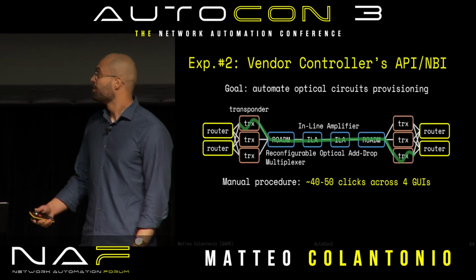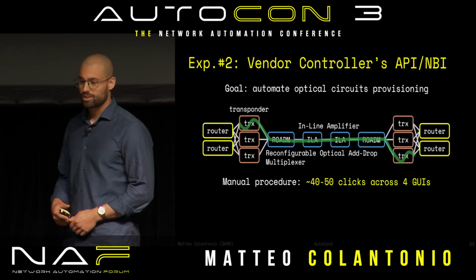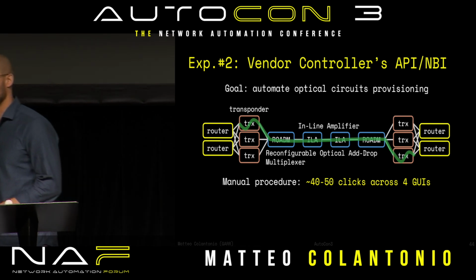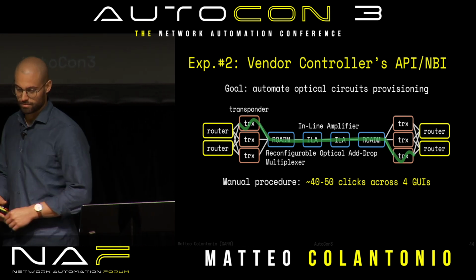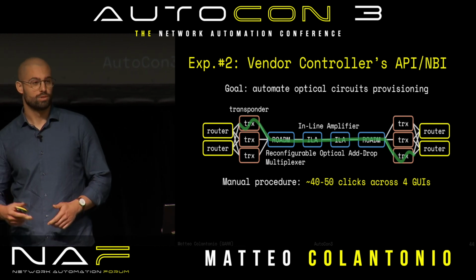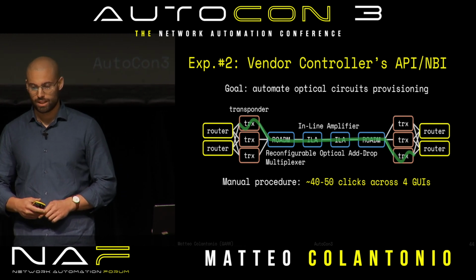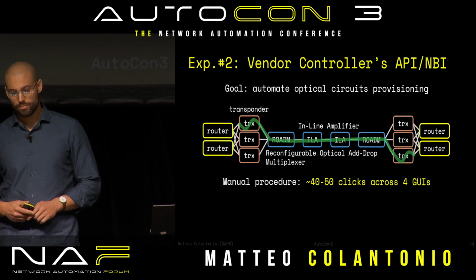So in the meanwhile, we also looked at the vendor controllers' API, that is the northbound interface, and it seemed a reasonable option since they're the ones building the devices.